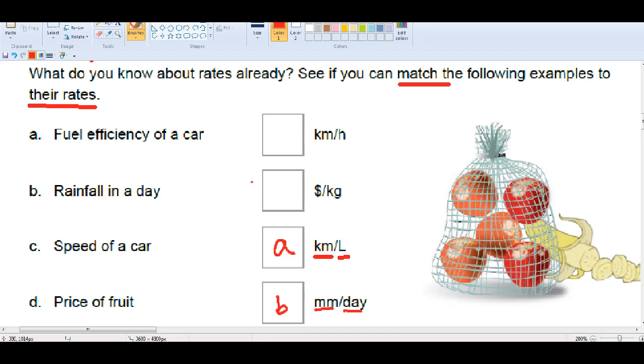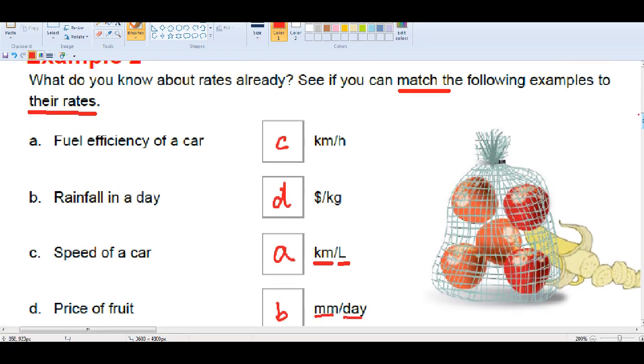Speed means distance versus time, so you are going to see kilometer per hour. The last one, price, of course, involves a dollar sign. When we buy fruit, sometimes you buy against the mass of the fruit, right? So it should be D. That's how we match different rates to the units.